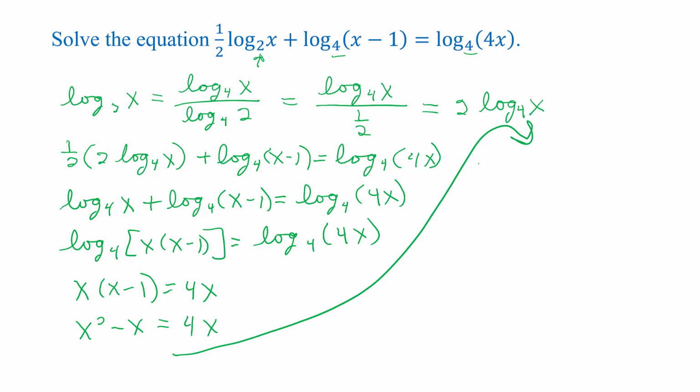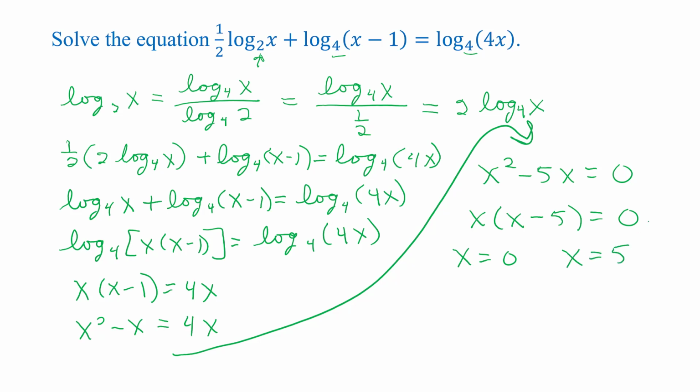I want to get a 0 on the right, so that would give me x squared minus 5x equals 0. On the left side, I can factor out an x from both terms, resulting in x times x minus 5. Then setting each of these factors equal to 0, our potential solutions would be x equals 0 or x equals 5. Let's test each of these, starting with x equals 0.